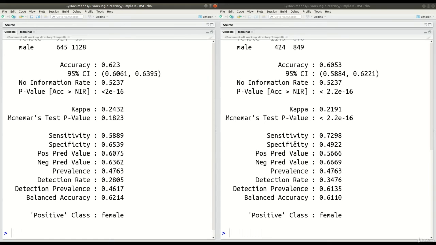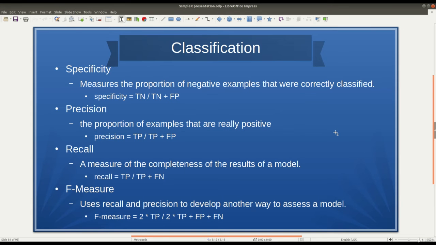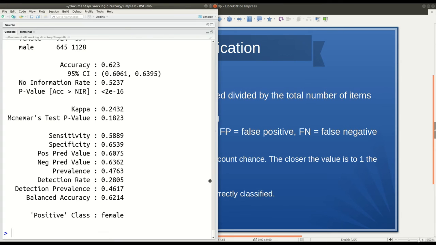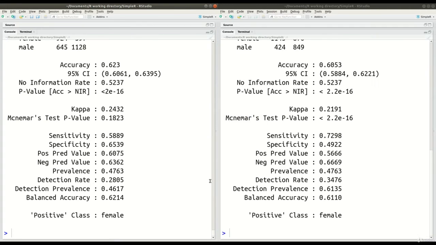The sensitivity is much better on the quadratic discriminant analysis. Again, going back to our other screen here, sensitivity was the proportion of true positives that were correctly classified. So people who have cancer and who are correctly classified as having cancer. So if we were worried about true positive rate, we can make the choice that, hey, it might be better to go with the quadratic discriminant analysis model.